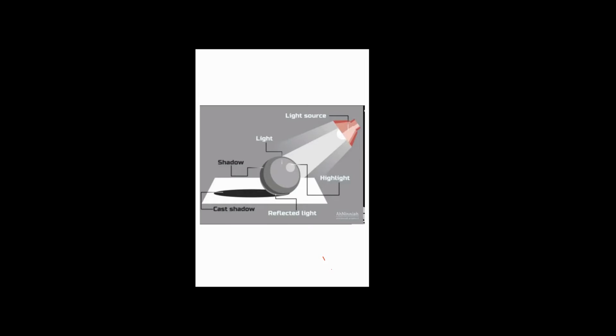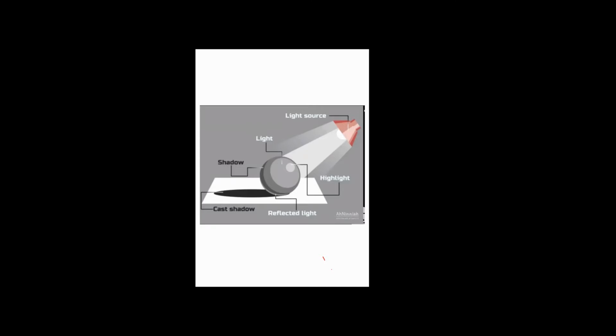We also have reflected light if an object is spherical or cylindrical in shape. Only then can we see the reflected light, because the surface continues behind, and the light falls on other objects and bounces back to the cylindrical or spherical object.